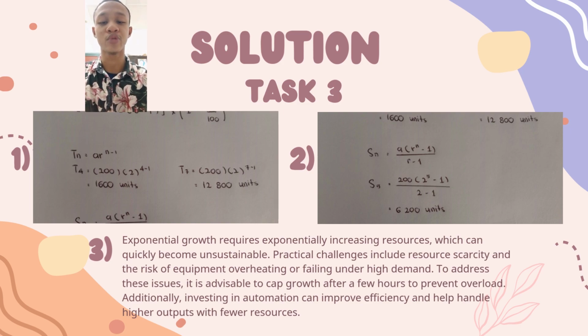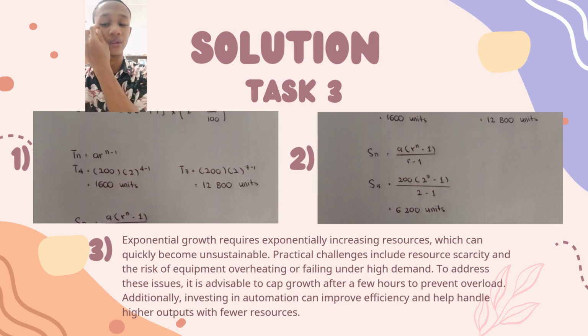So for the first question in Task 3, we use the formula Tn equals A times R to the power of n minus 1. A is the initial production rate, R is the common ratio, and n is the time. So we substitute A with 200, R with 2, and n is 4. We get the answer 1600 units.